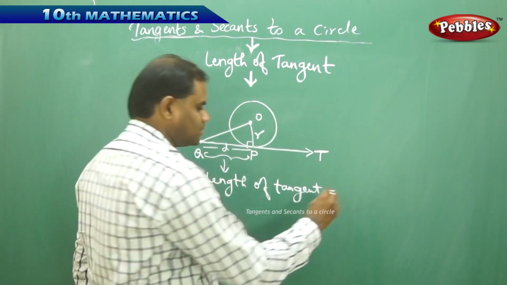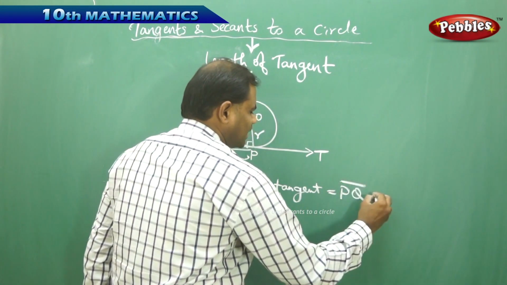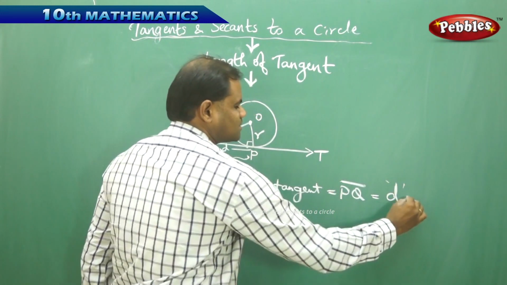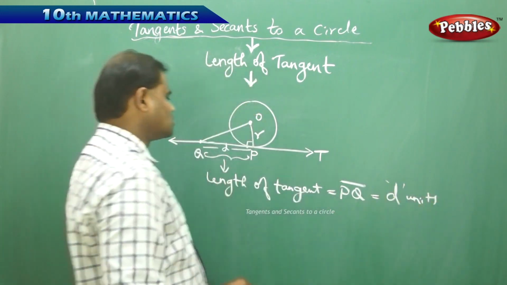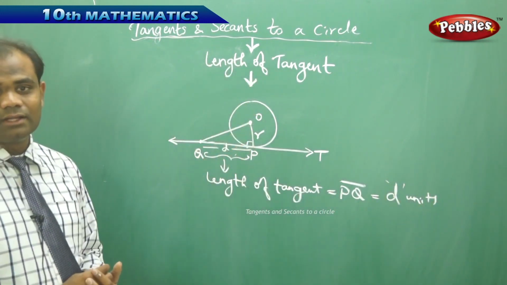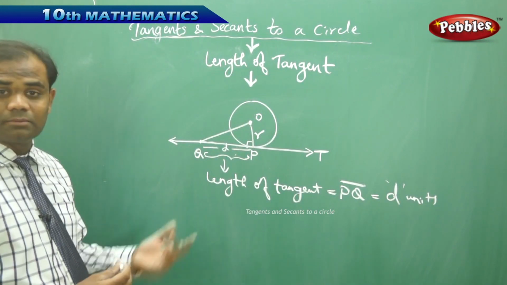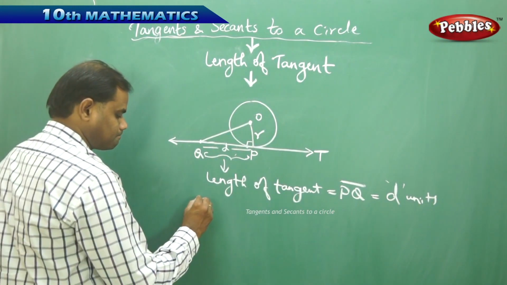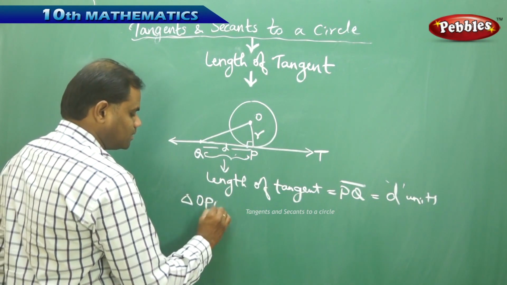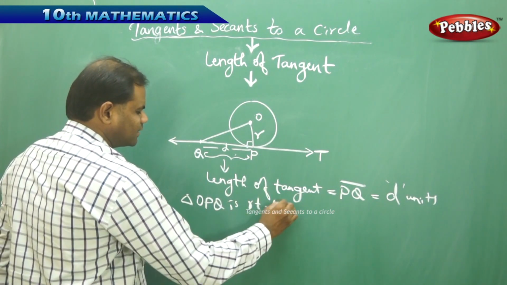Therefore, length of tangent here is PQ, and I take this as D units. Now, since OPQ is a right angle triangle, immediately the Pythagoras theorem comes into existence. Triangle OPQ is right angled.